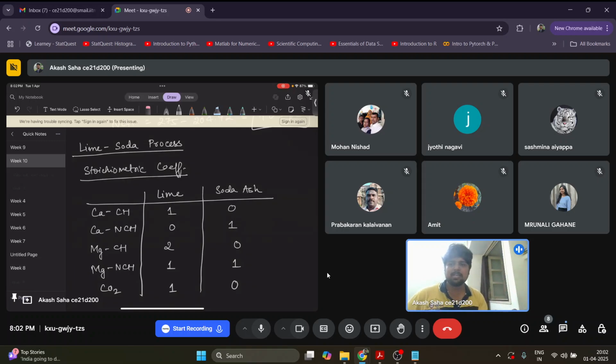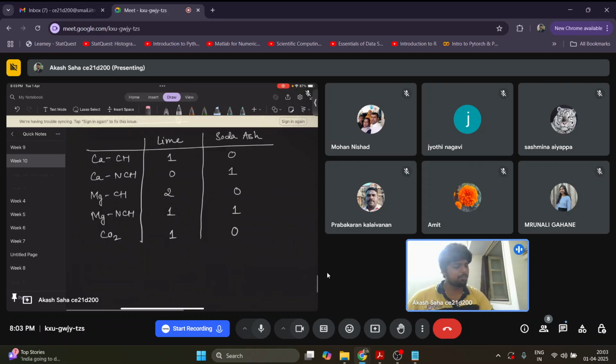These numbers mean that to treat 1 mole of calcium carbonate hardness, we need 1 mole of lime. To treat 1 mole of calcium non-carbonate hardness, we need 1 mole of soda ash. To treat 1 mole of magnesium carbonate hardness, we need 2 moles of lime. To treat 1 mole of magnesium non-carbonate hardness, we need 1 mole of lime and 1 mole of soda ash.